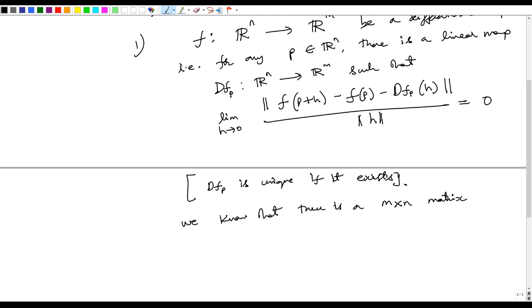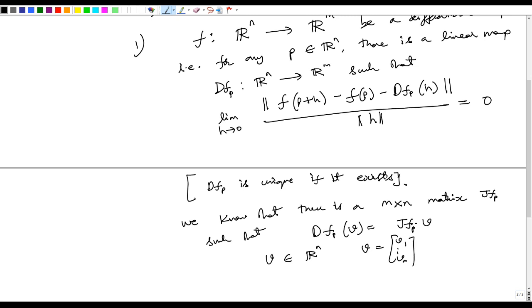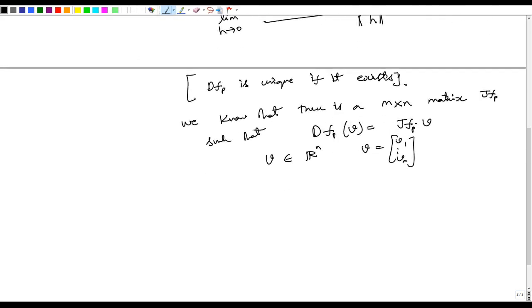Let's call it JF at p, such that DF_p acting on v is the same as the usual matrix multiplication of JF_p with v, where v is in R^n and we think of v as usual as a column vector.